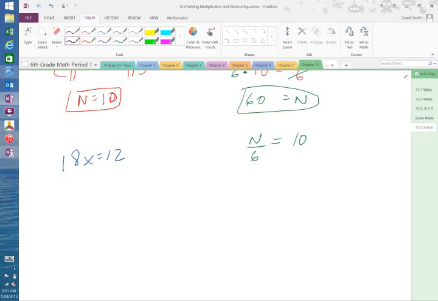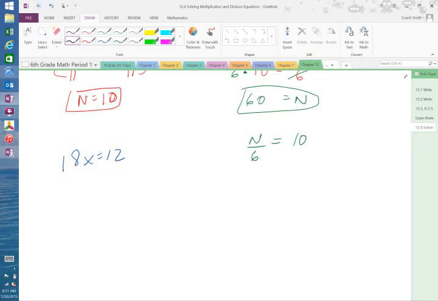Okay, let's not even think about the answer for a second. Let's just think about, what have we done in the previous 4 other multiplication problems? What did I do? Jonah? I divided. So here, what do I need to divide by? 18 or 12? 12? So what am I doing?